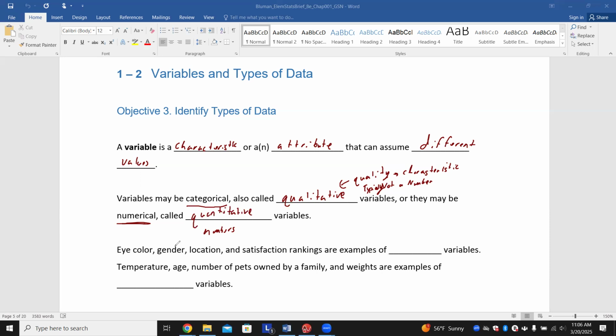Right. Now, eye color, gender, location, and satisfaction rankings, like you agree, strongly disagree, those are your satisfaction rankings, are examples of qualitative variables.